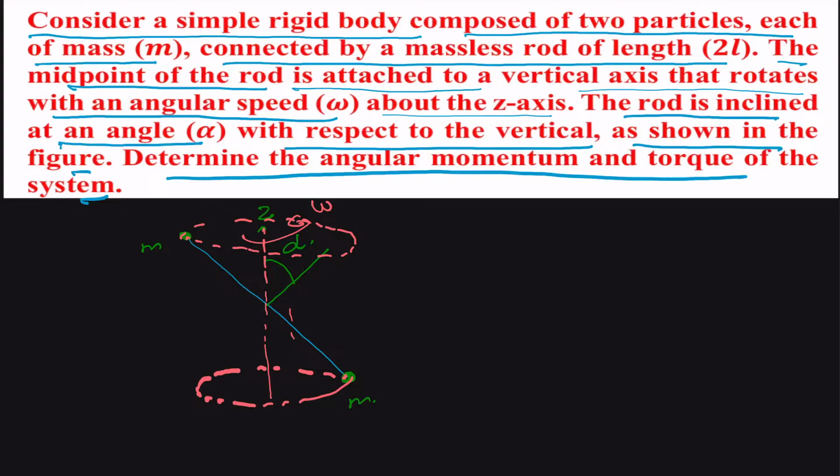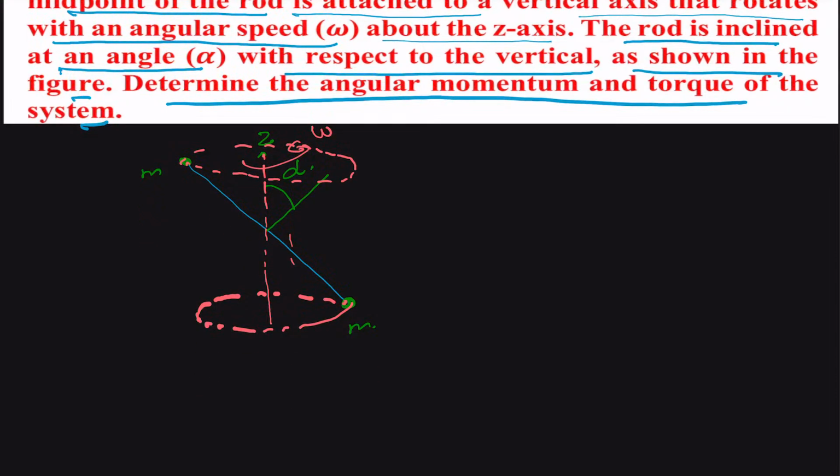So first of all we try to understand the geometry of this system, and for that let me draw this separately. We are having a mass m at each end, and let us suppose this point is called O, and total length is 2L.